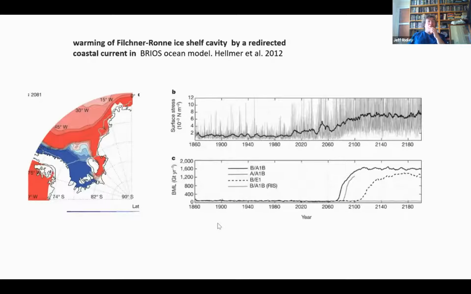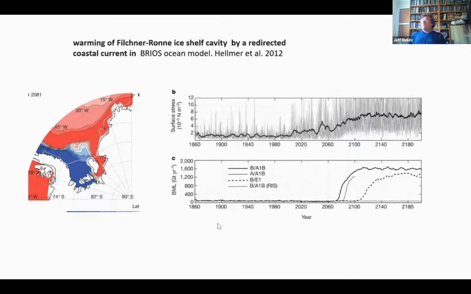Now, models also indicate that this happens, and in climate change simulations on the left, you can see that warm water is getting into the Filchner cavity, and that was attributed to surface stress, as the observations suggest.